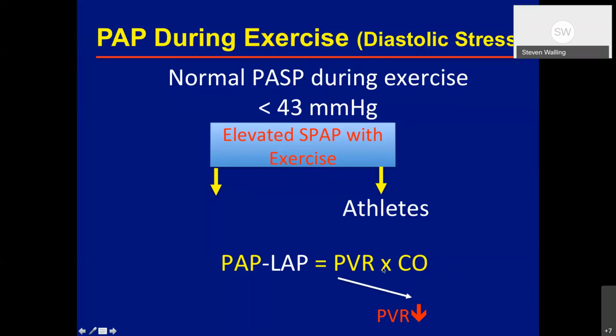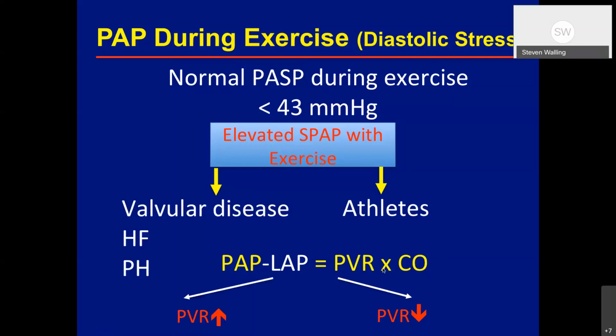Now, in the disease condition, the PA pressure will go up a lot. They use 43 for the PASP as the cutoff during exercise, also using 30 for the mean PA pressure as a criterion.